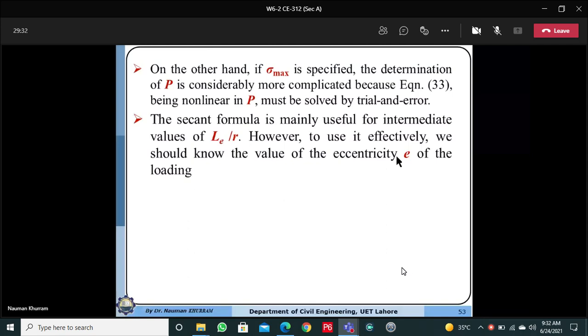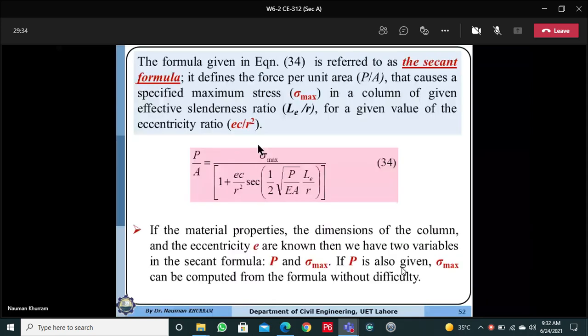So what does it say? It says that if we want to determine how much maximum stress is produced in a column, and we are given the applied load and eccentricity, that is easy.